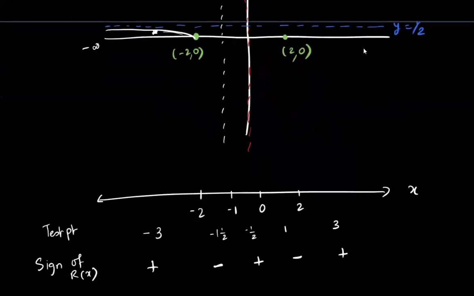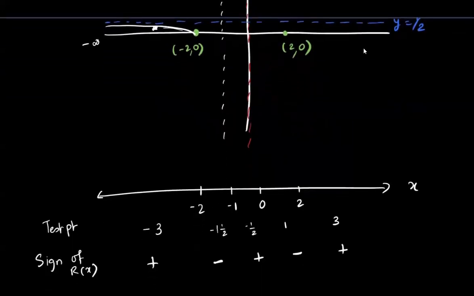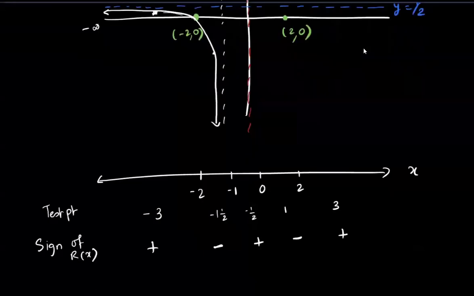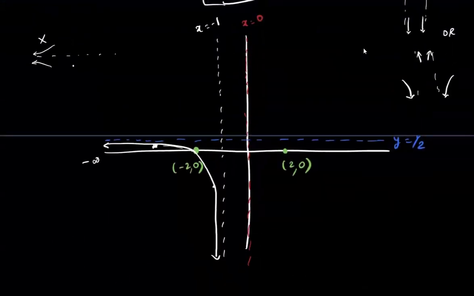In the second interval, -2 to -1, it's negative. So here the graph is below. That means the graph is going to come down and go towards this asymptote. In the next interval, it is positive. So the graph is here, starting from over here because it has to be above the x-axis.